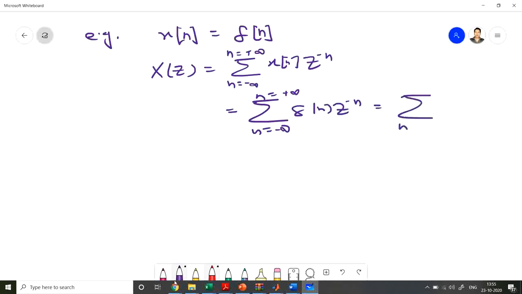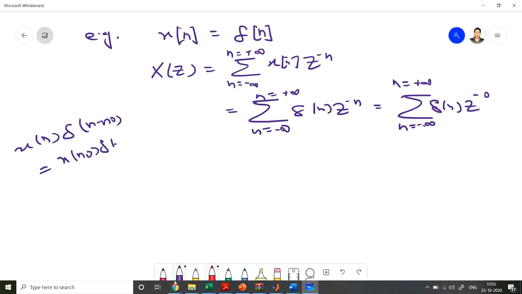By the sampling property, if we multiply x(n) with delta(n minus n0), it is equal to x(n0) delta(n minus n0).